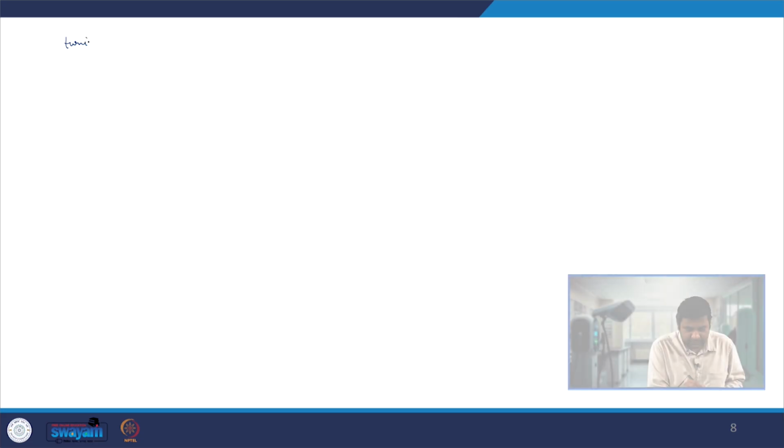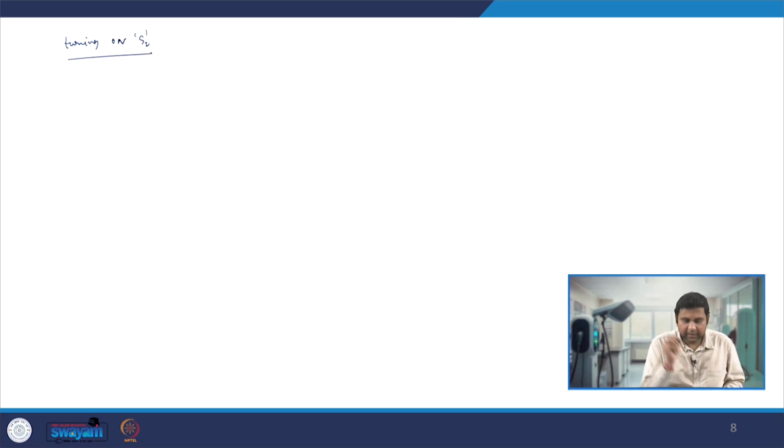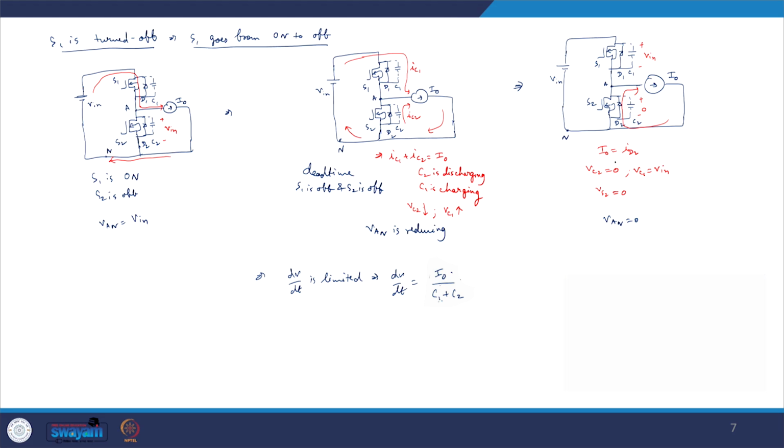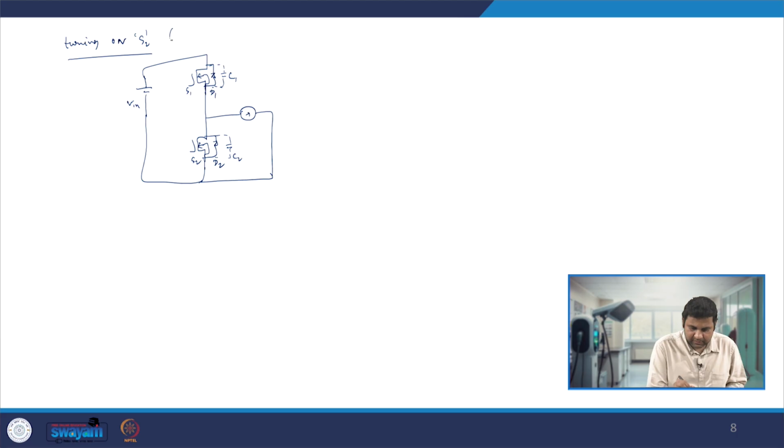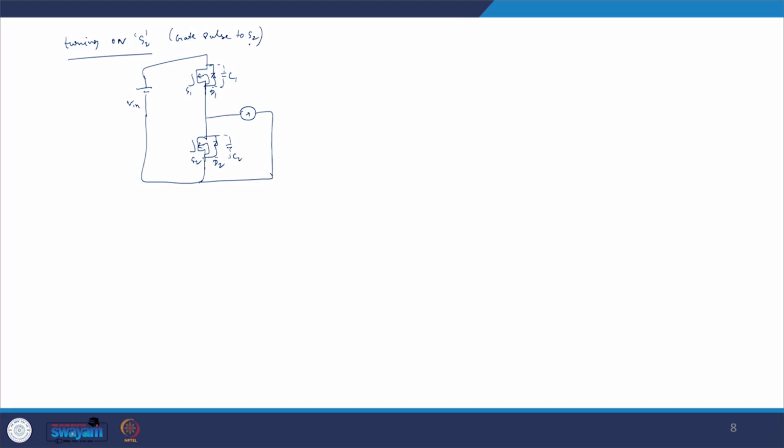So we have VS2 equal to 0, and now we are turning on S2 after the voltage across S2 goes to 0. Turning on S2 means you are giving a gate pulse to S2.